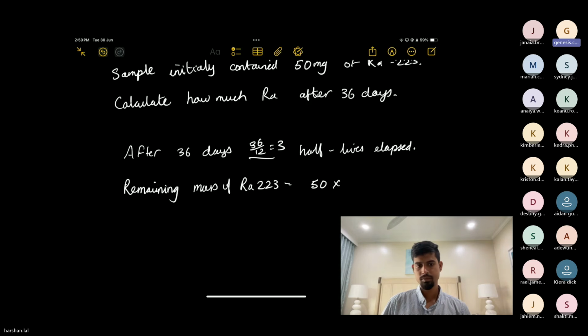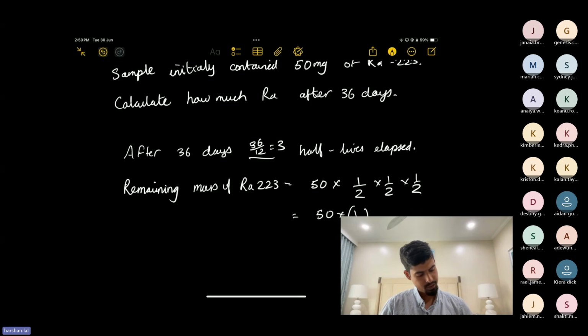A half to the power of 3. Right, times a half times a half times a half, because every half-life we multiply by a half. So this is equal to 50 times a half to the power of 3. Right. So how much is this? 25, 12.5, 6.25.